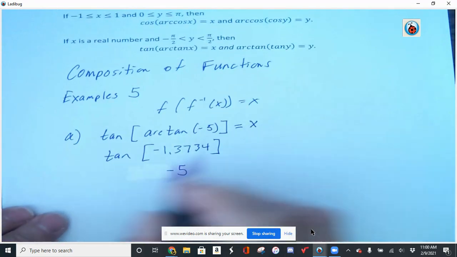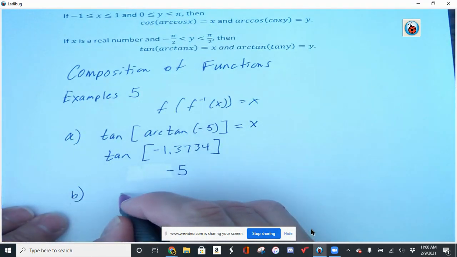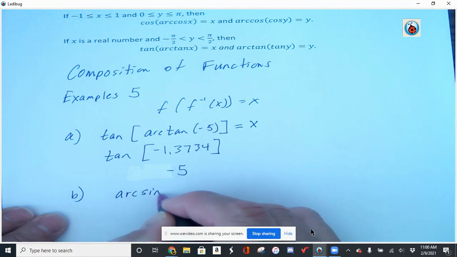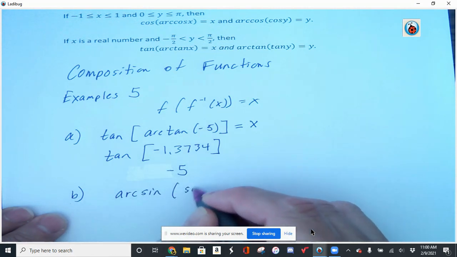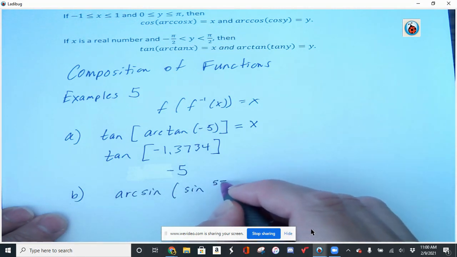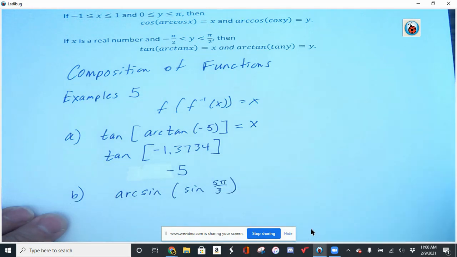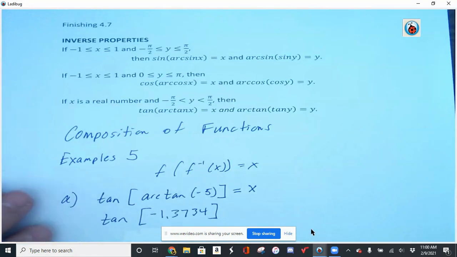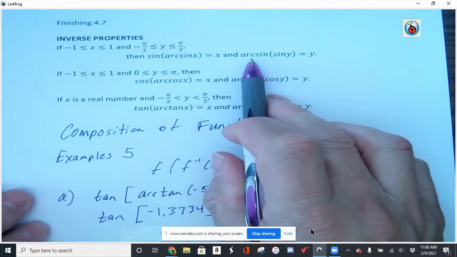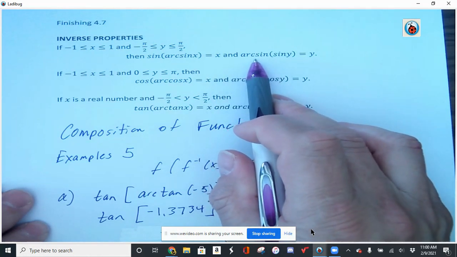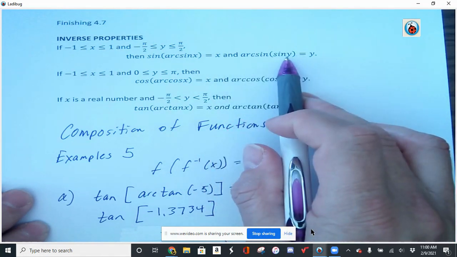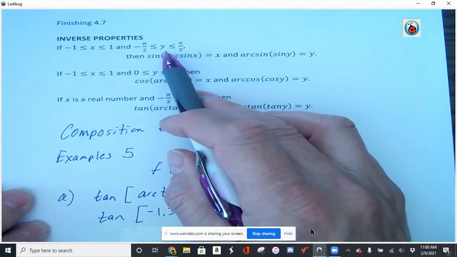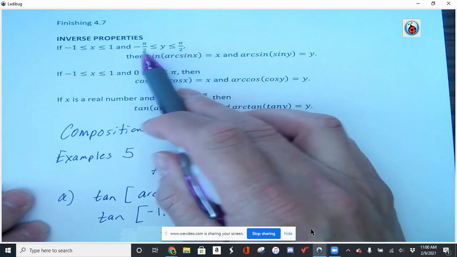The next one is I want to find the arcsine of the sine of 5 pi over 3. Looking at that property, the arcsine of sine y is equal to y. So we have to make sure that y falls within our interval.